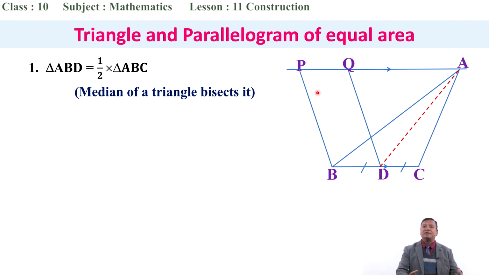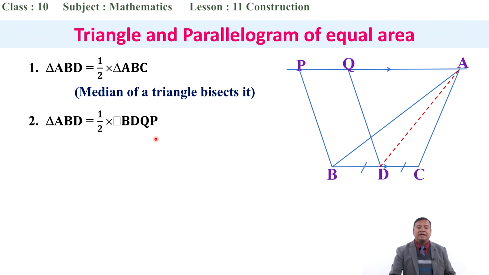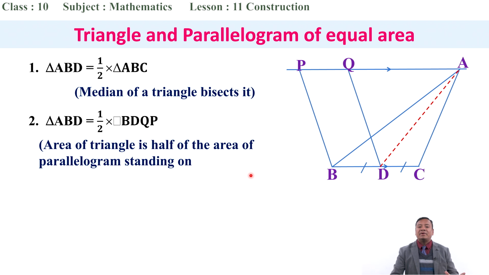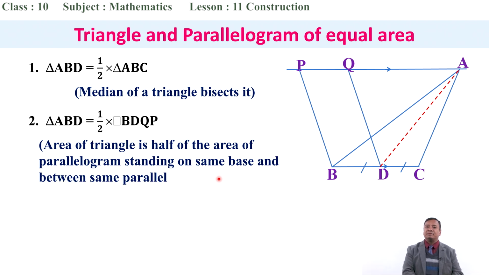This also we have proved in theorem. As well as we can say that the area of this parallelogram is double of the area of triangle ABD, right? So again the area of triangle ABD is half of the area of parallelogram BDQP, right? The area of triangle is half of the area of parallelogram standing on same base and between same parallel lines, right?